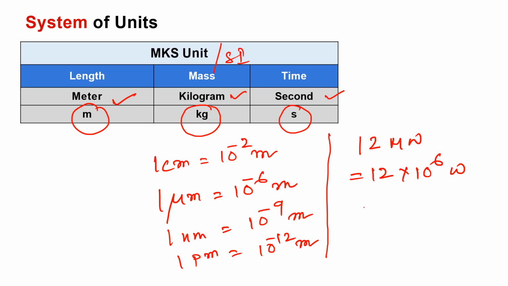Suppose I am saying it is equal to 14 kilowatt. It is equal to 14 into 10 to the power 3 watt. These are examples that I thought you should know, because sometimes in the measurement of different physical quantities you need them. Okay. So now let's proceed with the next one.